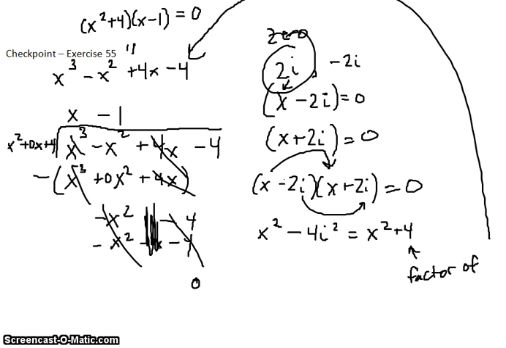Those are my two zeros for that. Now I just need to write the last one. And that's this one, which is a 1. So my three zeros are plus or minus 2i and 1.